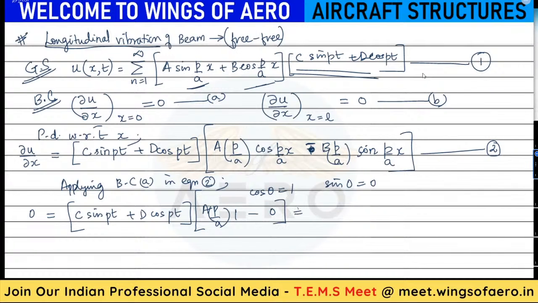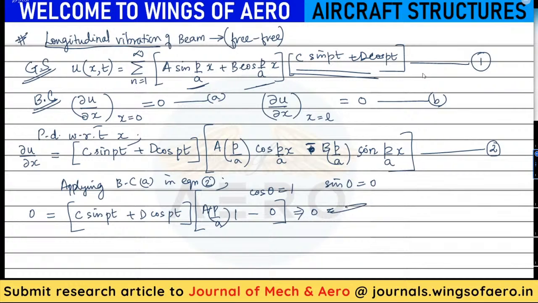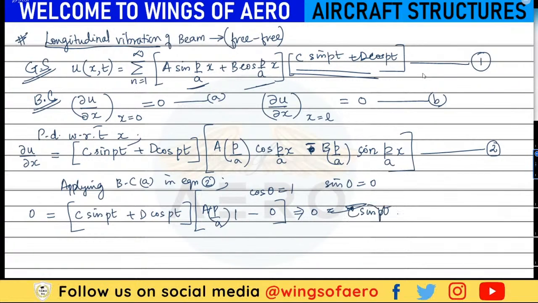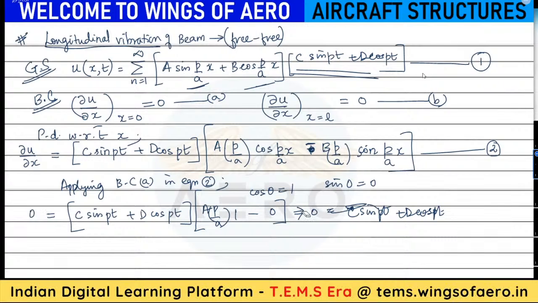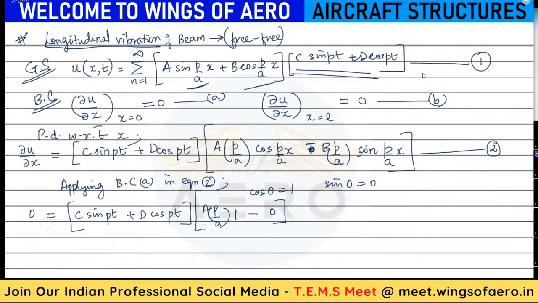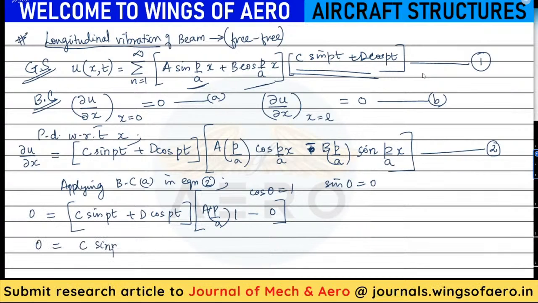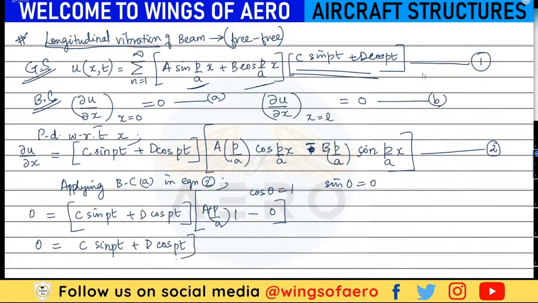So we again write 0 equals c sine pt plus d cos pt, times a into p by a.